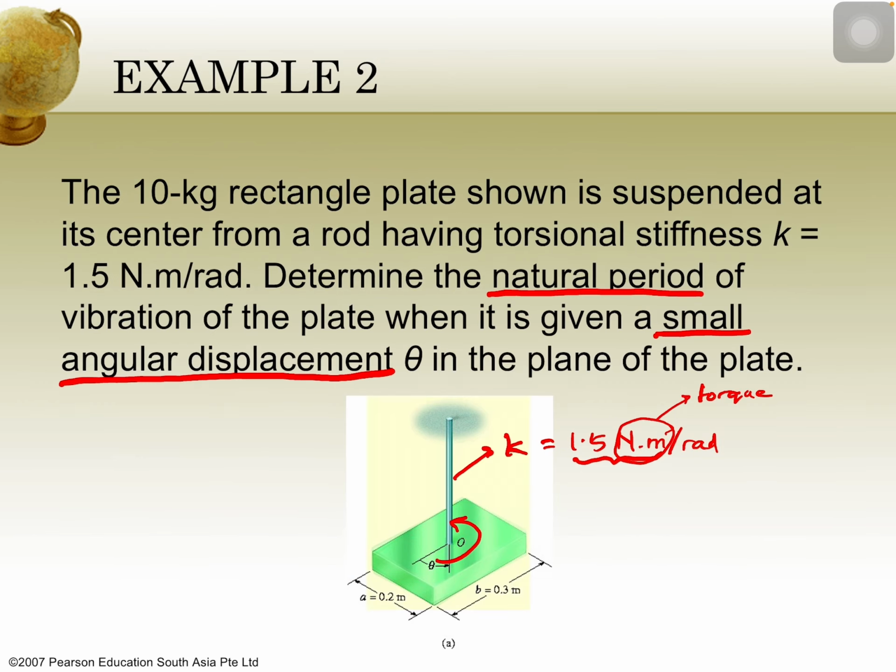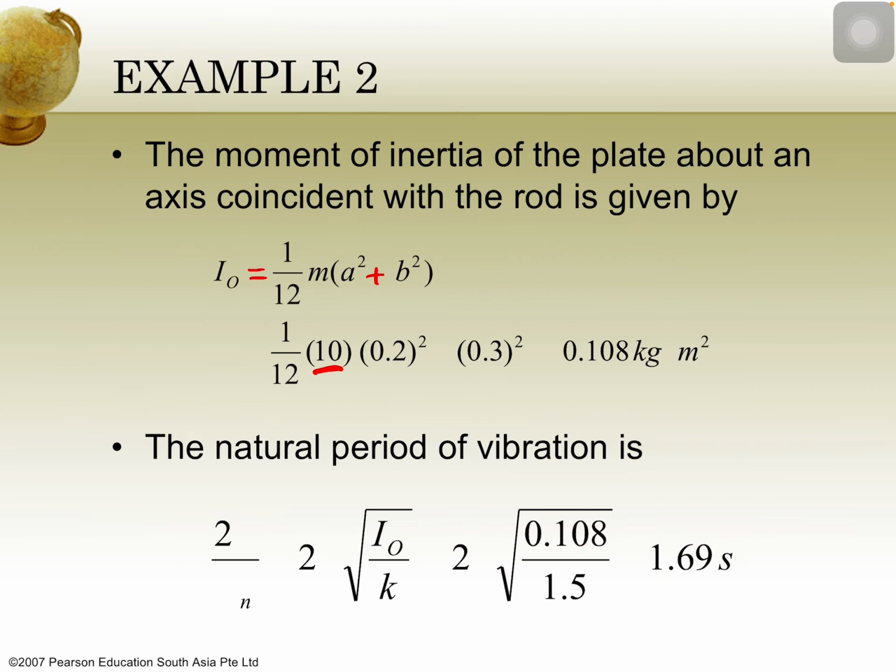which is 10 kilogram, if I'm not mistaken. I go back to the example. So we have 10 kilogram right here. So this is the width and this is the length, right? We put the value inside here, and I forgot to put, okay, there is a bracket right here, so we can get this value for the moment of inertia. Now we can calculate the tau, the period.